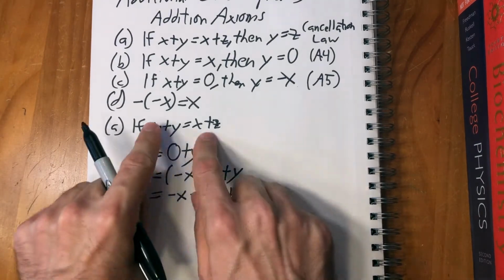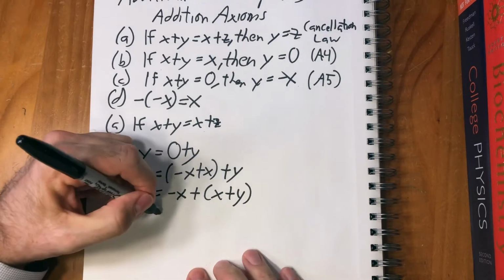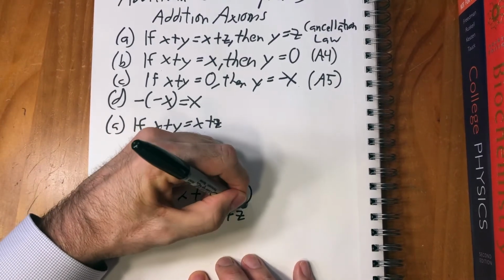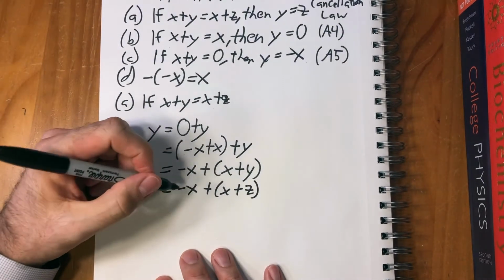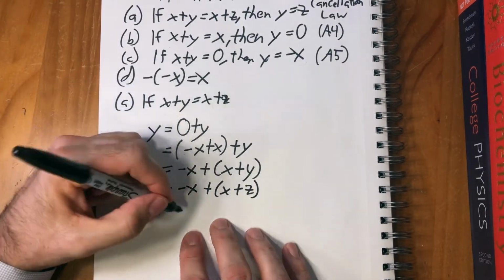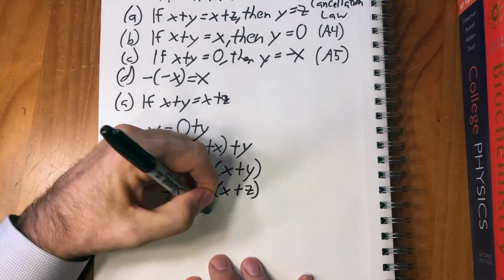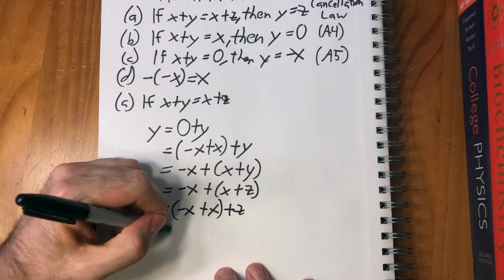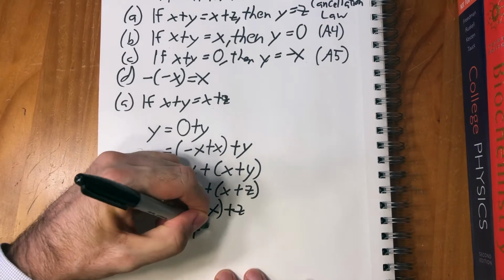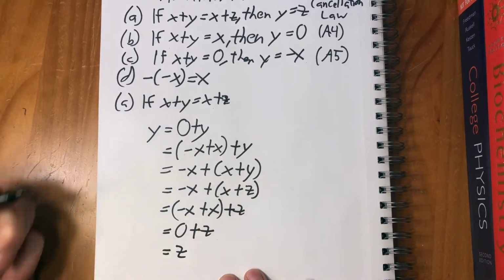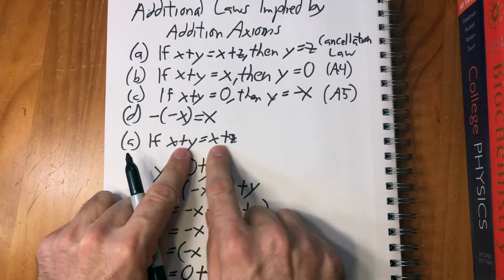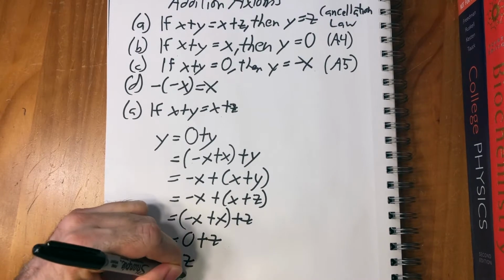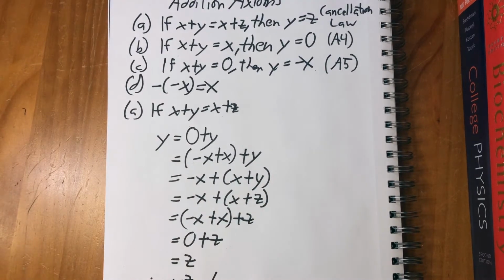And then we started with an assumption that this equals minus x plus z. And then use associativity again. We have minus x plus x, plus z. Minus x plus x is 0. So we started with y, going through the assumption, we end up with y equals z, which is what we were trying to prove.